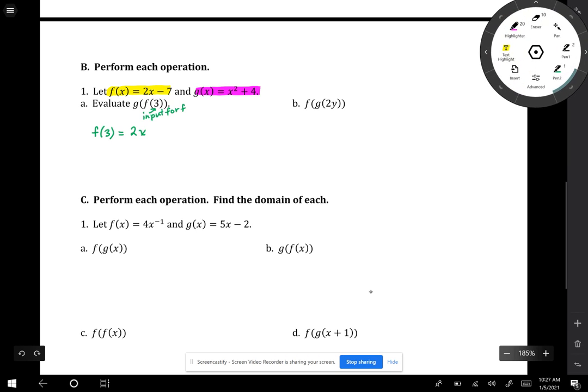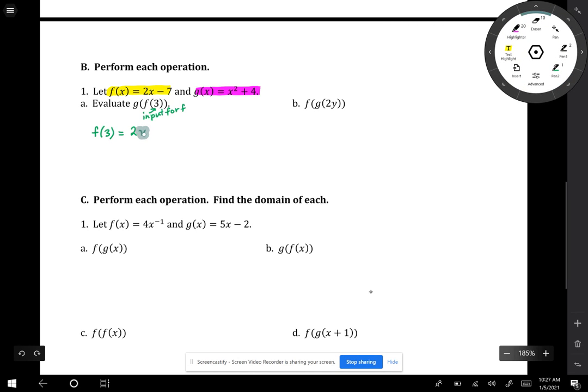You're going to replace the x with 3 because the input is 3. That's 6 minus 7, which is negative 1. So f of 3 is negative 1.